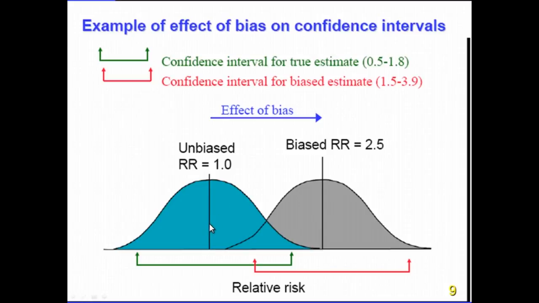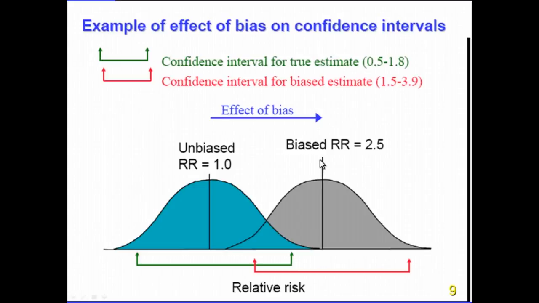It could be selection bias or information bias or confounding. But the bias sends the relative risk in this direction and causes the study result to be a relative risk of 2.5. It equally could have gone in the other direction, but for the sake of this example, we'll just say that the bias increases the relative risk.